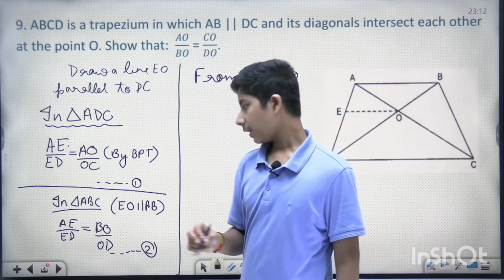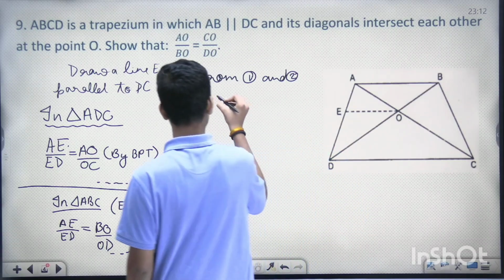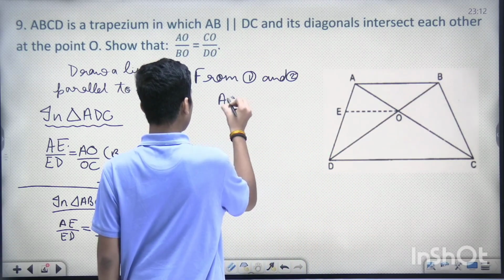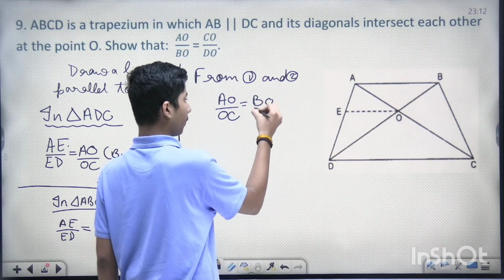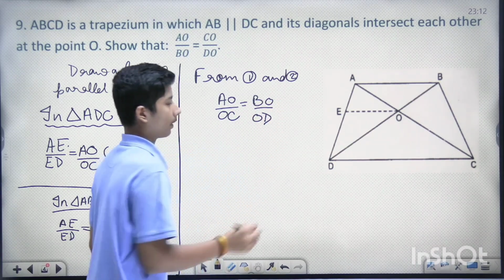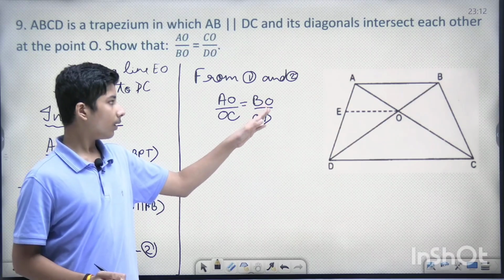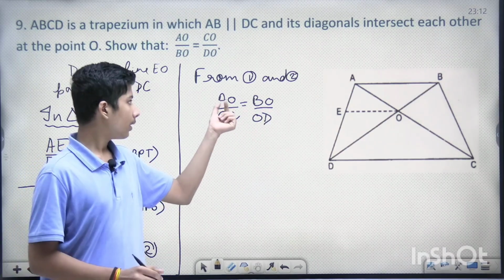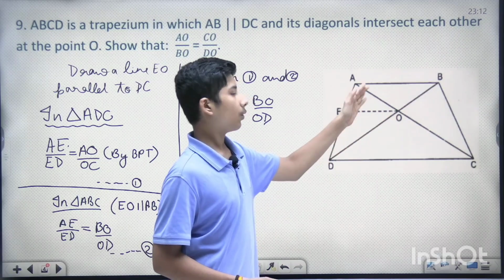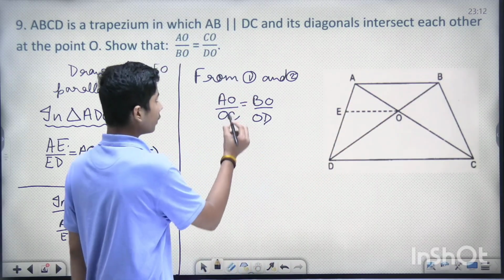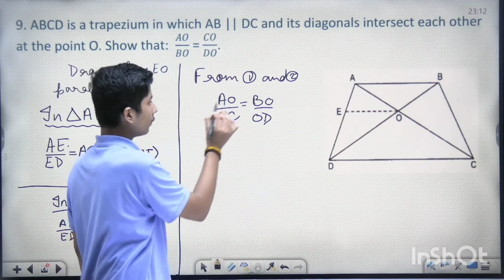AO upon OC equal to BO upon OD. Now OB or BO both are equal, AO or OC both are same. You can name it AO or OC, it's your choice. So since it is given AO, we'll keep it AO.